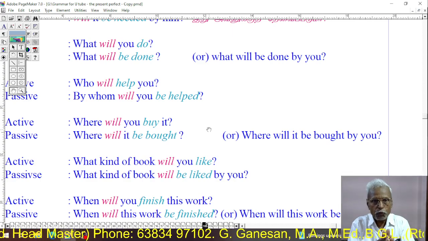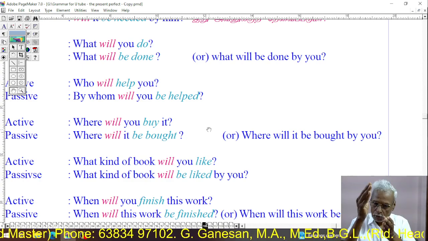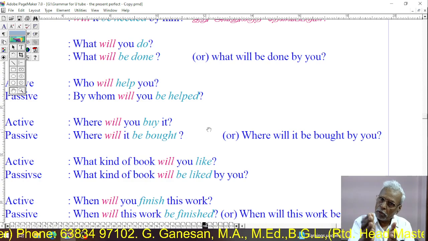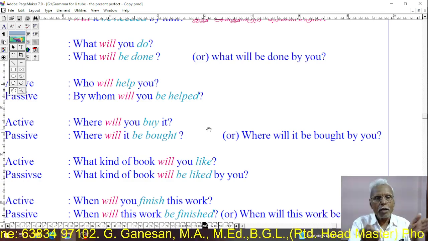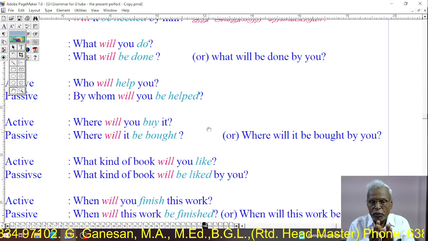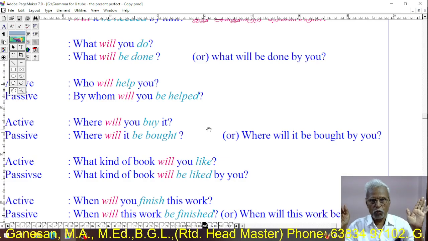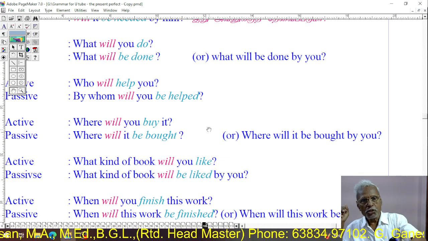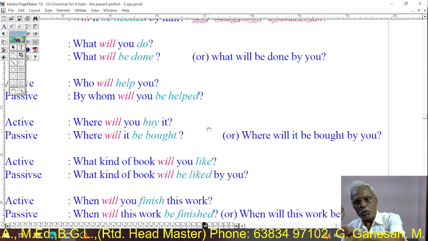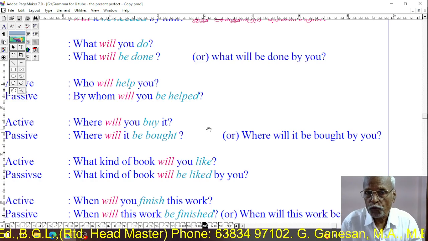Two verbs will become three verbs. Thus we have seen the three simple tenses and the ways to convert their questions from active into passive.